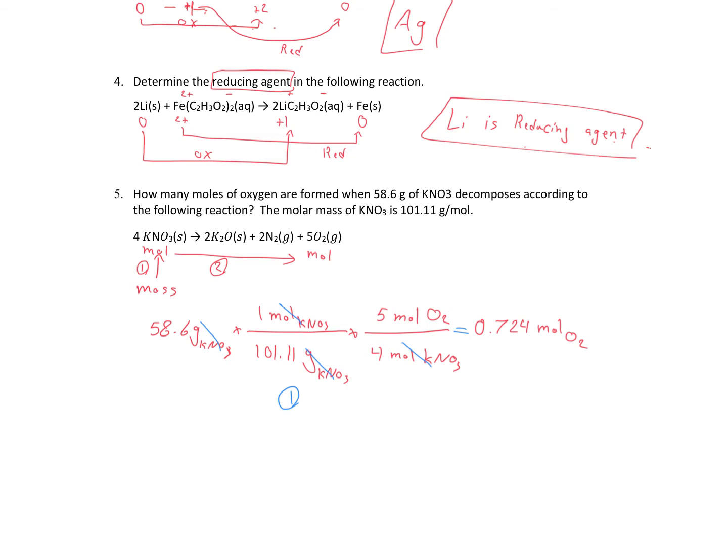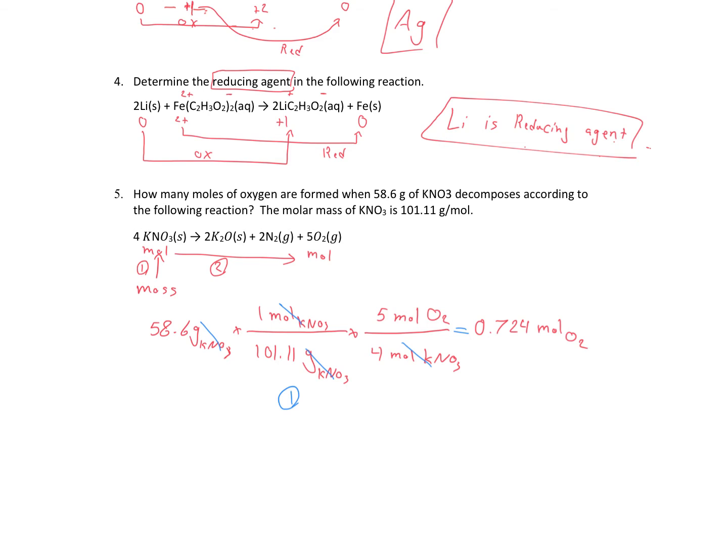But I don't want the mole of potassium nitrate, I want the mole of oxygen. So then you can use the mole bridge, you can use stoichiometry to go from mole of KNO3 to mole of oxygen. If you see the coefficients in the balanced chemical equation, we have 4 KNO3 and 5 O2. So it means that 4 mole of KNO3 equals 5 mole of oxygen.